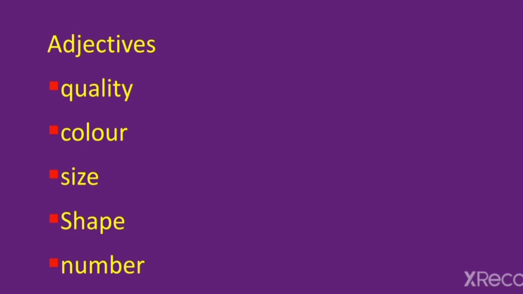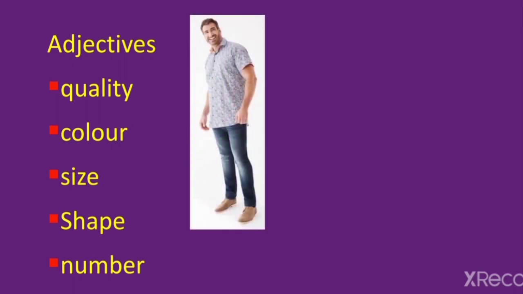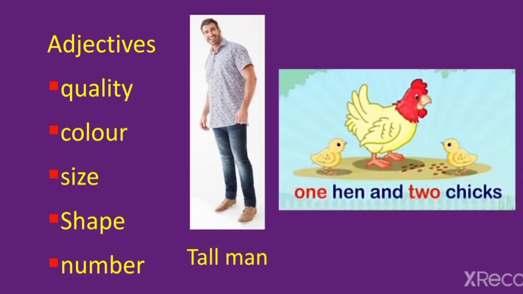You can see in this picture, this is a picture of a tall man. And here you can see one hen and two chicks. Here the words one and two tell us the number of hens and chicks.